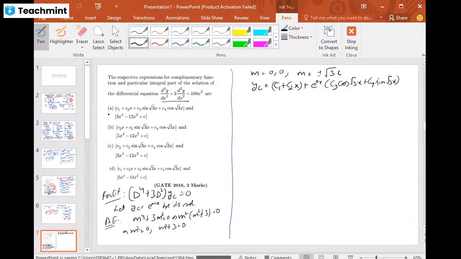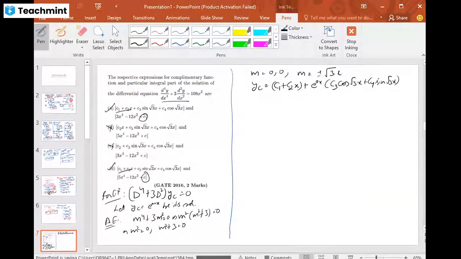Now this is one of the solutions. If we look at the options, A and D contain c1 plus c2x along with the sine and cosine functions. So here c1 is missing, and here the x term is missing, so it is not the answer. Although here we have an arbitrary constant c also, which is not correct, because the particular integral is always free from arbitrary constants.